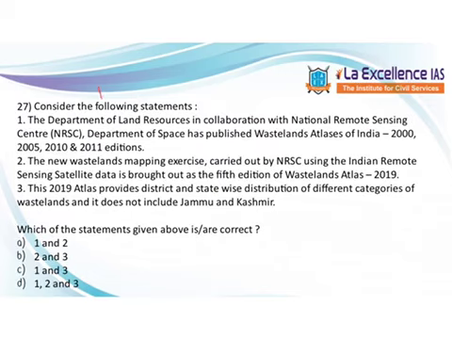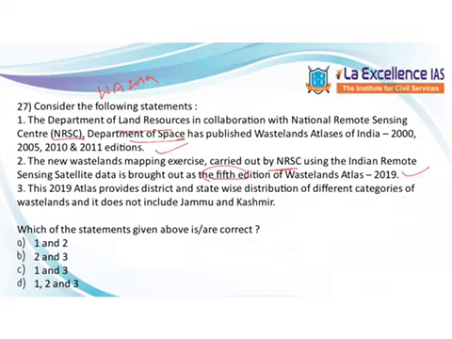The next question is about the Wasteland Atlas 2019. See, the Department of Land Resources, along with the National Remote Sensing Centre and the Department of Space, has published the Wasteland Atlas. So statement 1 is correct. Next, the new wastelands mapping exercise carried out by NRSC, using Indian Remote Sensing satellite data, is brought out as the 5th edition of the Wasteland Atlas.